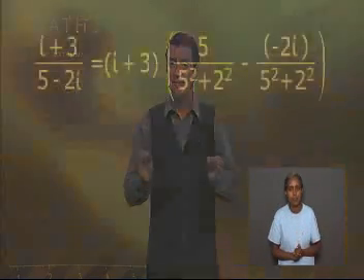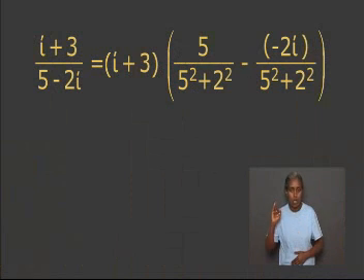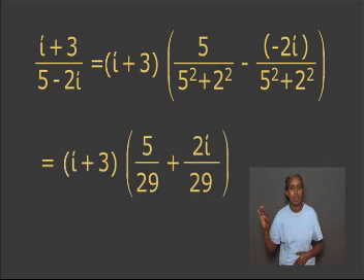Hello again. In order to solve this equation, we must find the multiplicative inverse of the divisor. As we see here, it is equal to 5 over 29 plus 2 iota over 29, and we multiply it by iota plus 3.